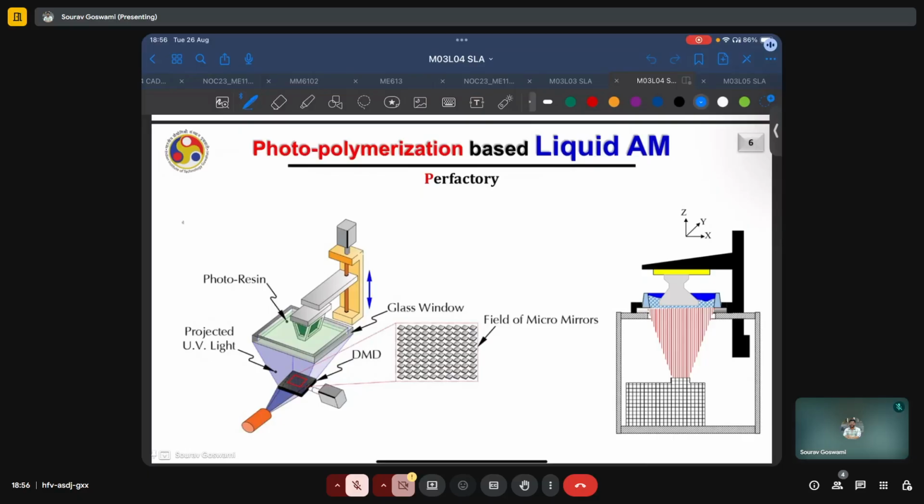Here, as we can see, the print is happening along the negative Z direction, and the photoresin is available in the vat. For the UV light to interact with this layer of resin, the window at the bottom has to be transparent.